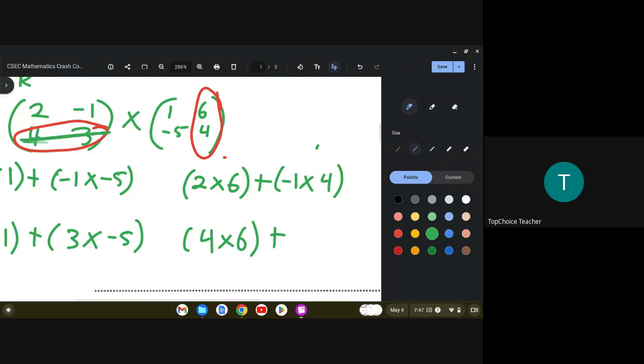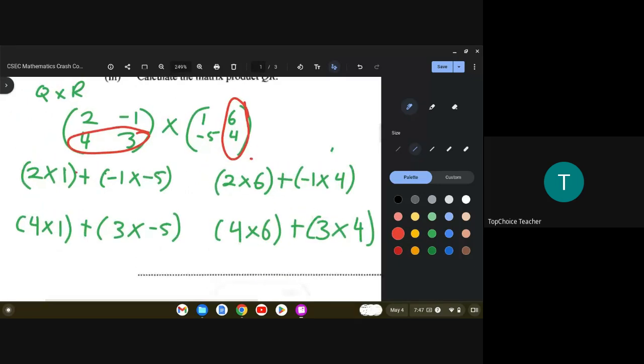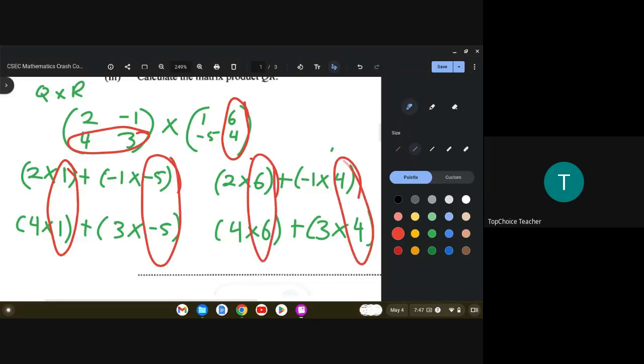The row is the horizontal ones, columns are vertical. So the second element in the row is 3. Multiplied by the second element in the column, which is 4. Once you lay it out like this, these numbers must be the same. Look at the pattern. These numbers must always be the same.